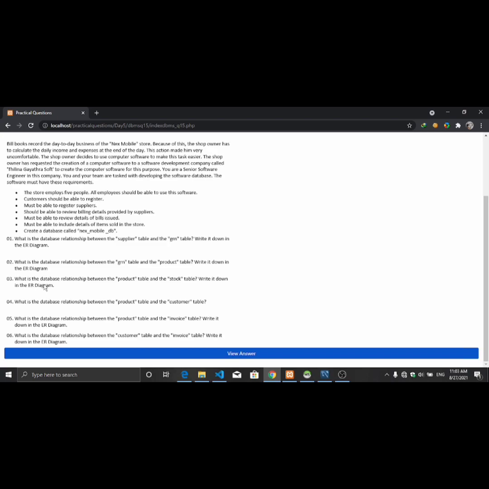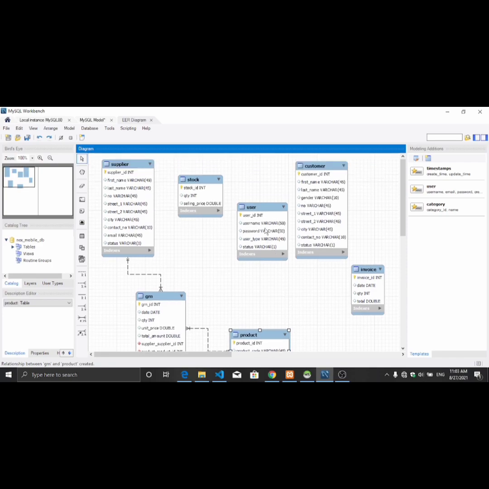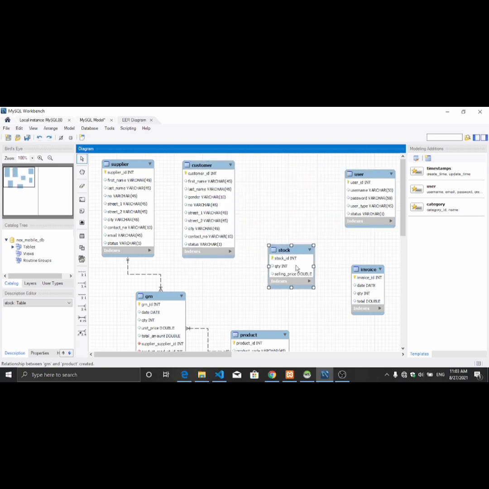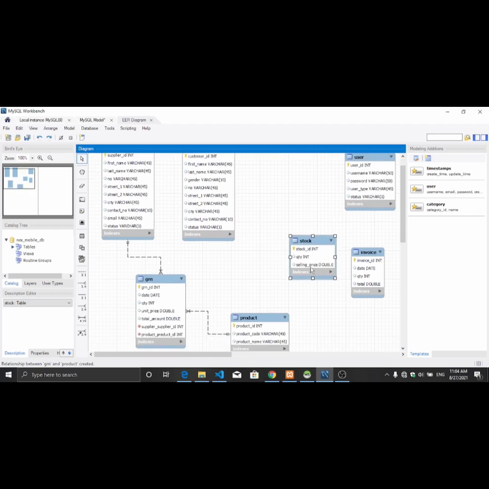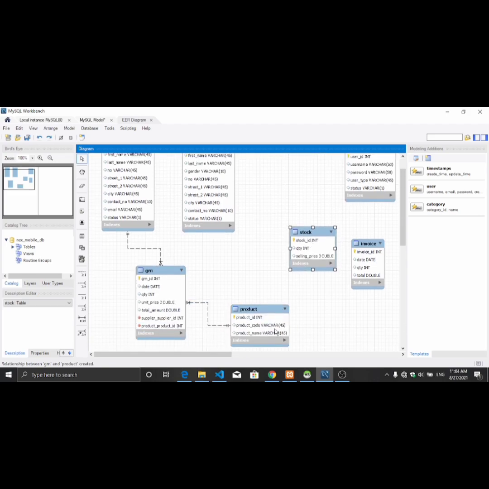What is the database relationship between the product table and the stock table? Write it down in the ER diagram. So let's check the relationship between the product and stock table. The relationship between the stock and product table is also one-to-many, because one stock can have many products, but one product can have only one stock.